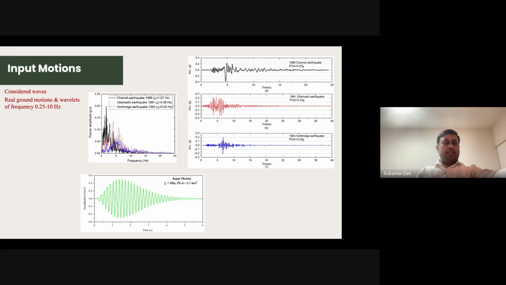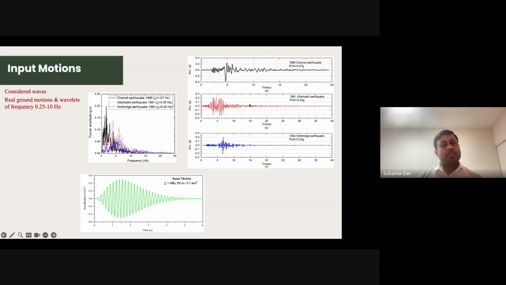Another thing I am going to discuss: so far I have discussed some of the basics of bearing capacity and failure mechanism. Now I will discuss a bit about behaviour during earthquakes. There is one way, either you apply real ground earthquake motion or some synthetic waves, which typically represent earthquake wavelets.